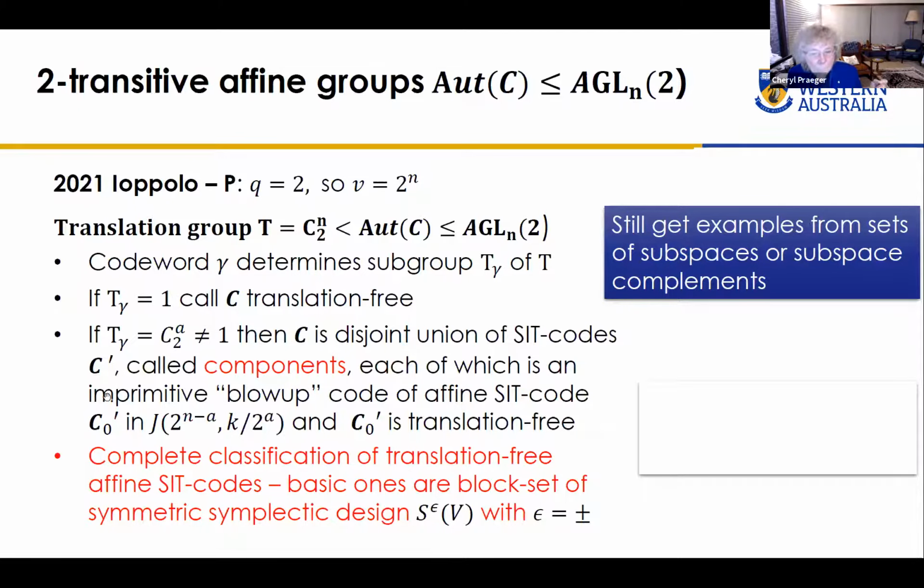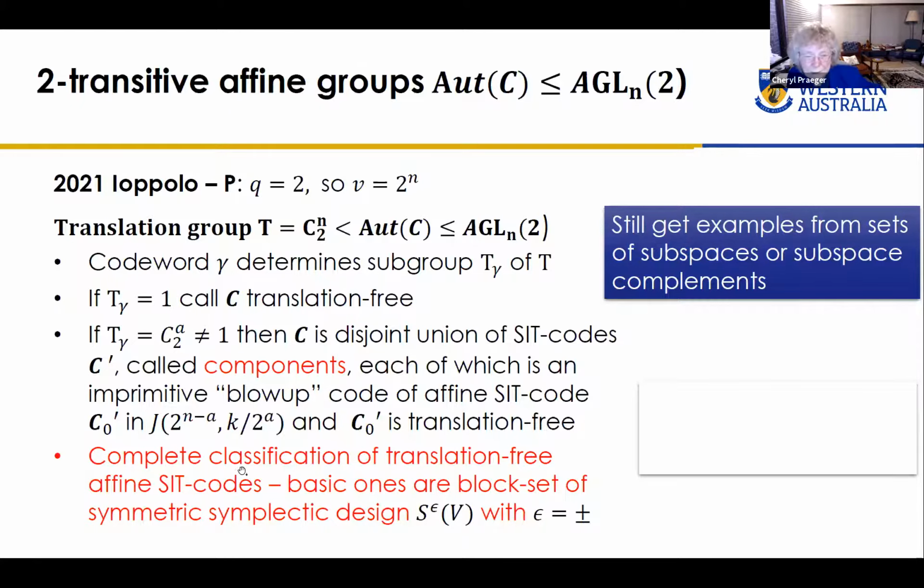Now, each one of the components turns out to be an imprimitive blow-up of an affine SIT code in a smaller Johnson graph. And this affine SIT code is translation free. So we're really interested in translation free ones.